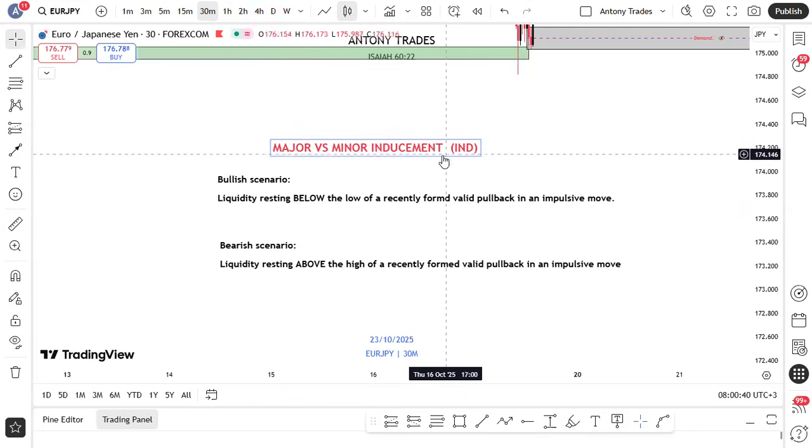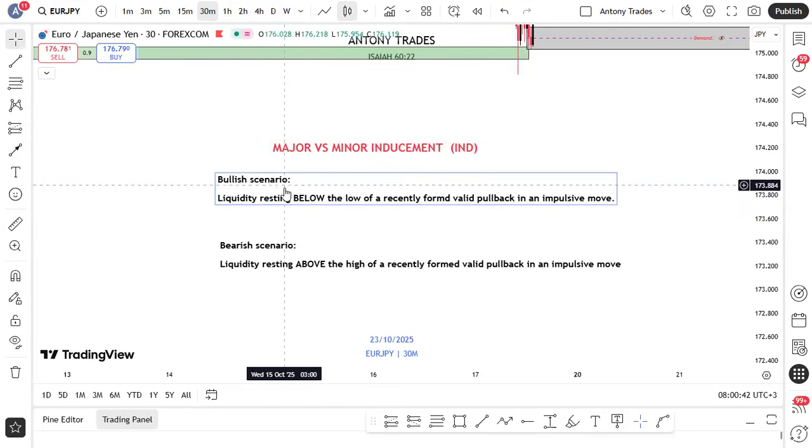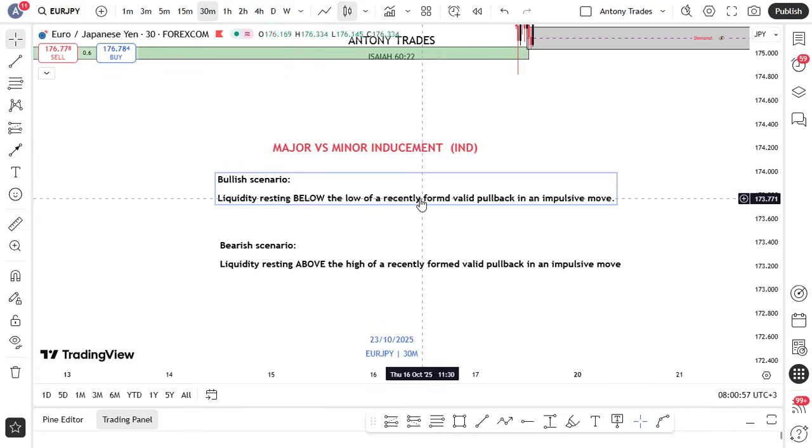In a bullish scenario, this is where I'm explaining these traps that we call inducements. In a bullish scenario, we'll find a liquidity resting below the low of a recently formed valid pullback in an impulsive move.